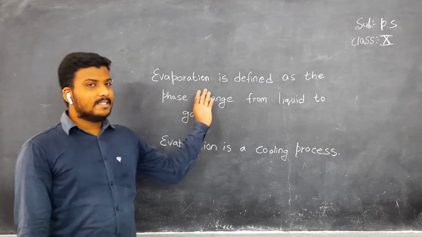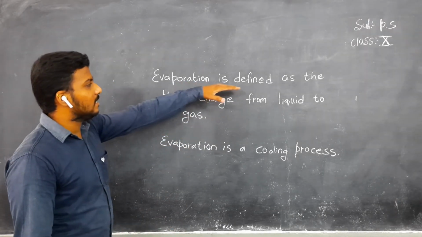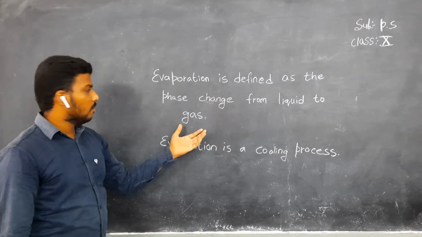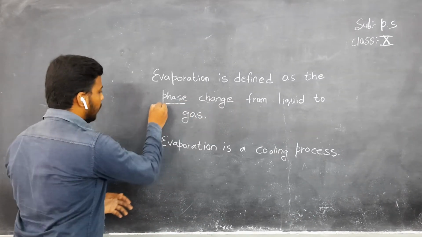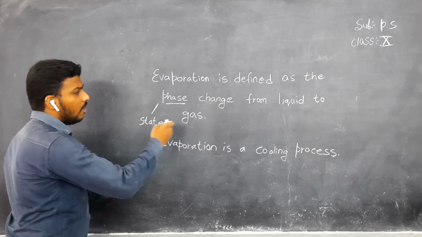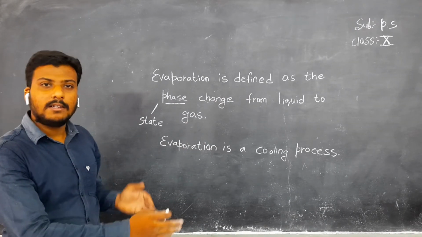Children, this is the definition of evaporation. Evaporation is defined as the phase change from liquid to gas. What is phase? Phase is nothing but state. Change of state from liquid to gas. We already discussed that spirit is a liquid.